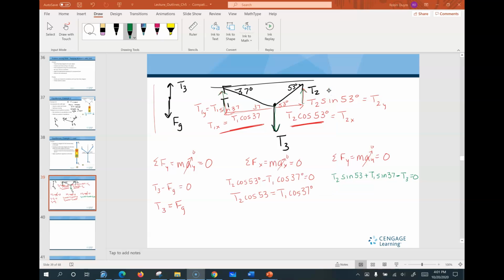Okay, so what we have to do is solve T2 in terms of T1, and then put it in here. I'm going to do that math on the next slide.